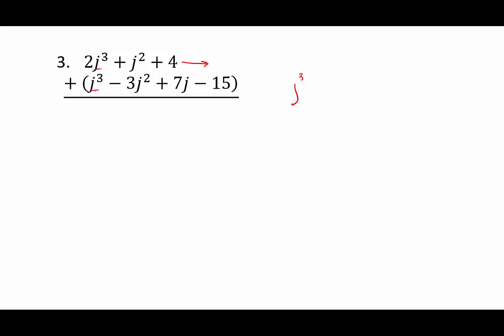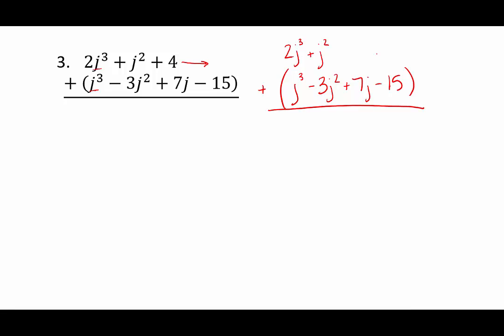So j cubed minus 3j squared plus 7j minus 15. This is a plus. And then line up my top ones. 2j cubed, and I have a plus j squared, and then like I said, I'm going to move this 4 over above the 15.